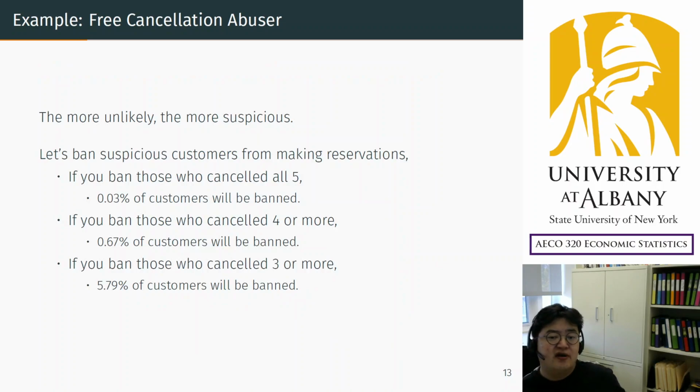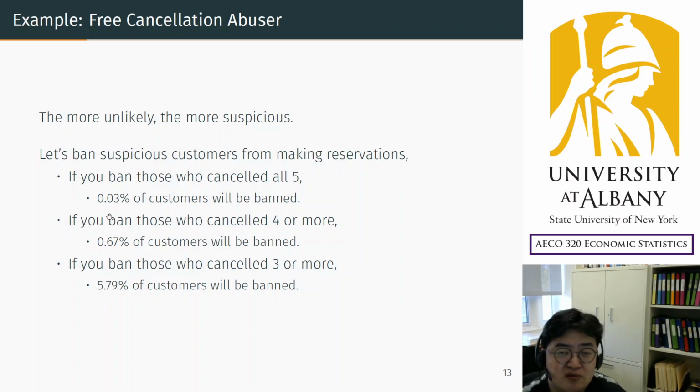So let's put it this way. If you ban the customers who canceled 5 out of 5 times, then 0.03% of customers, good customers, will be banned, right? So we are assuming everyone is good customers. They had to cancel the reservations by chance. So 0.03% of innocent customers will be banned.